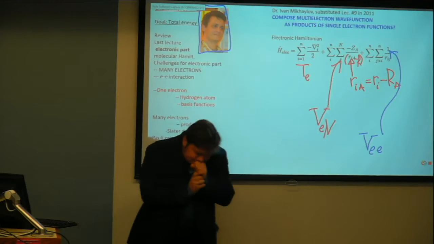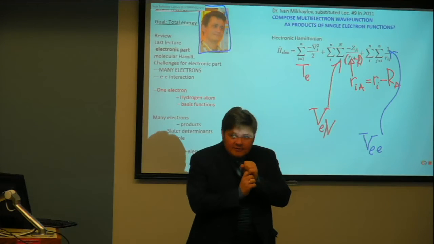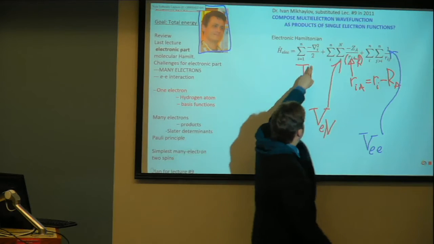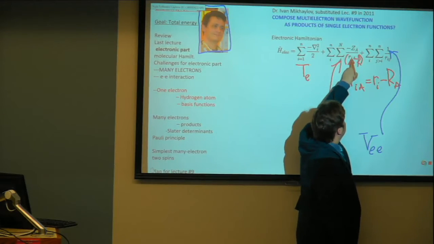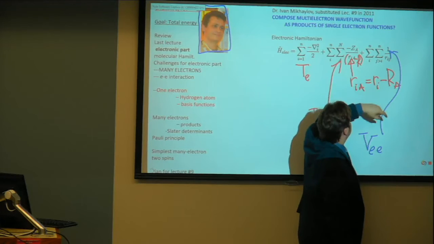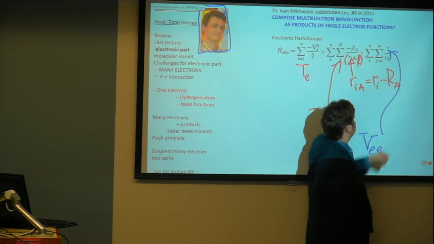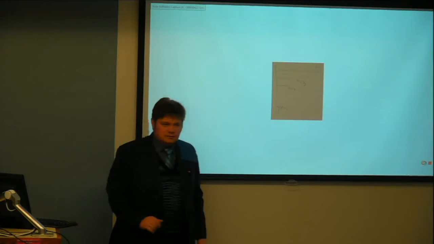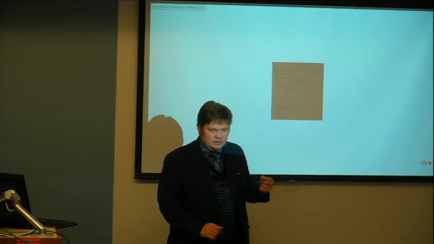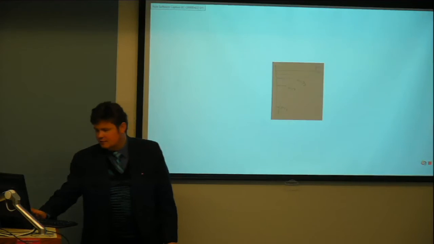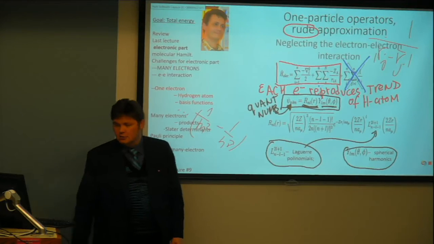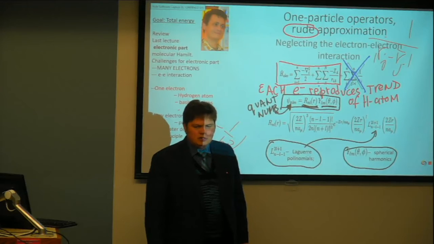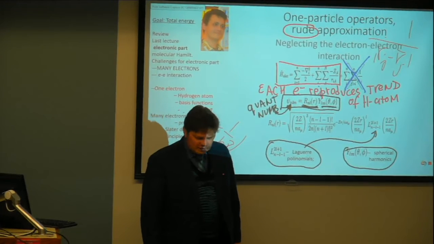So if we have all the electronic degrees of freedom, there is a kinetic energy, interaction between electron and nuclei, and electron-electron repulsion. In case we have only one electron and one nucleus, the hydrogen atom, then solutions are known, and you are all acquainted with the solutions.